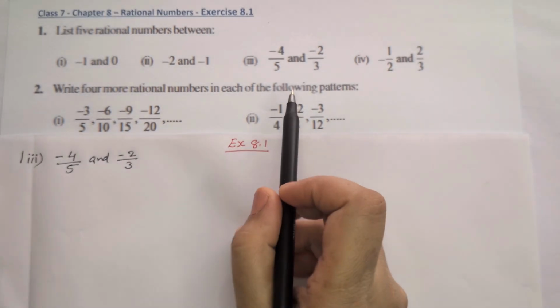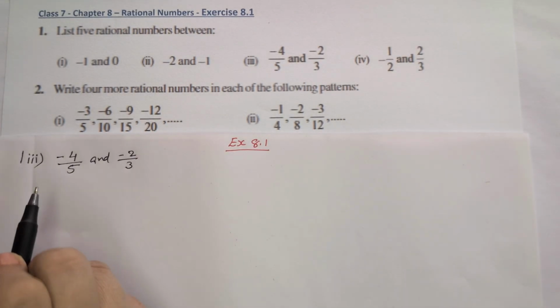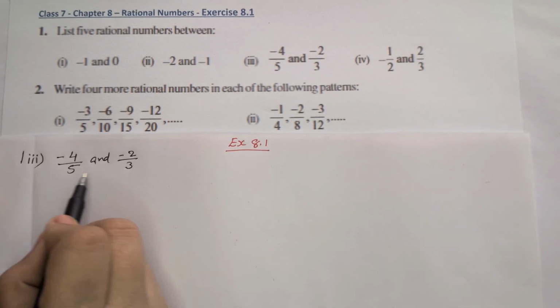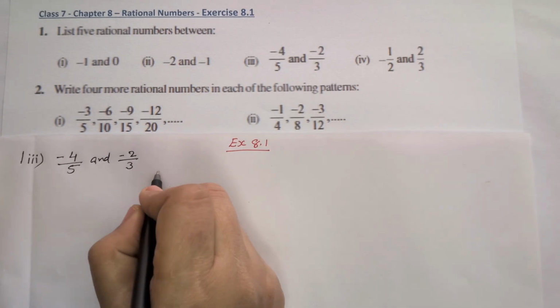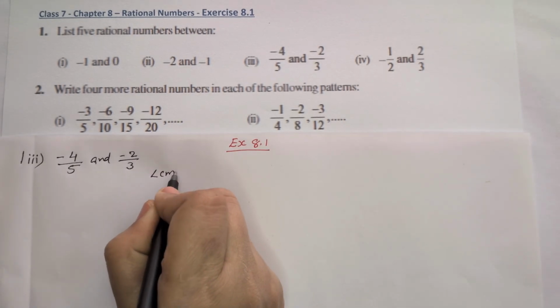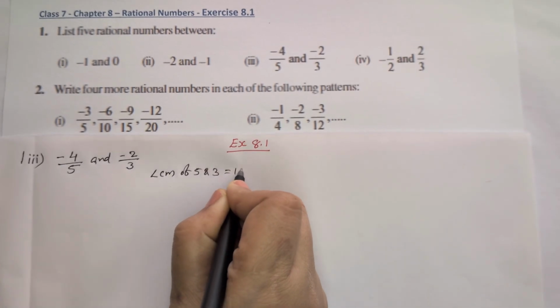Now the third part, -4 by 5 and -2 by 3. Here it is in rational number form, but the denominators are different. So first we have to find the LCM. LCM of 5 and 3 is 15.